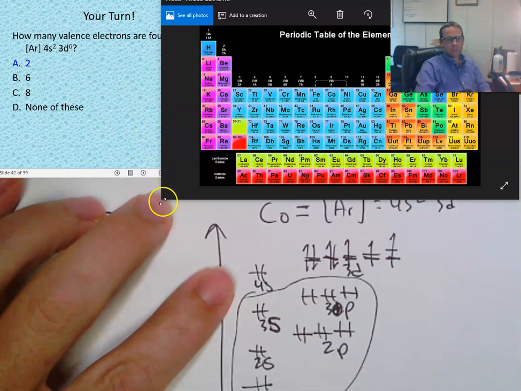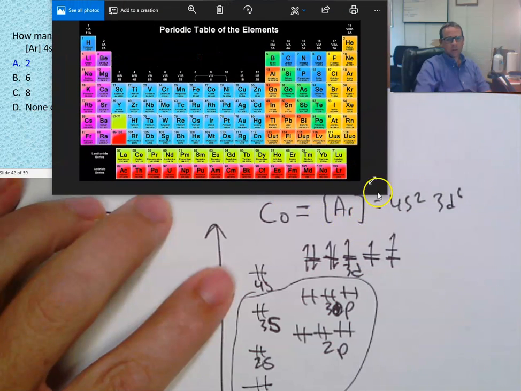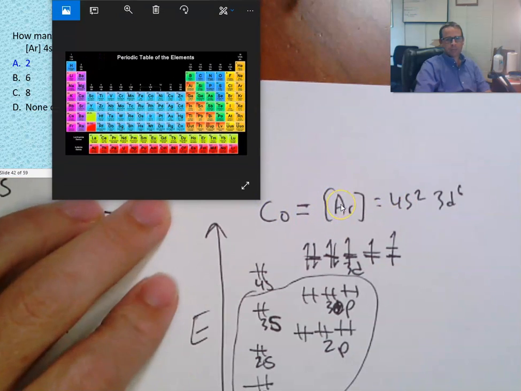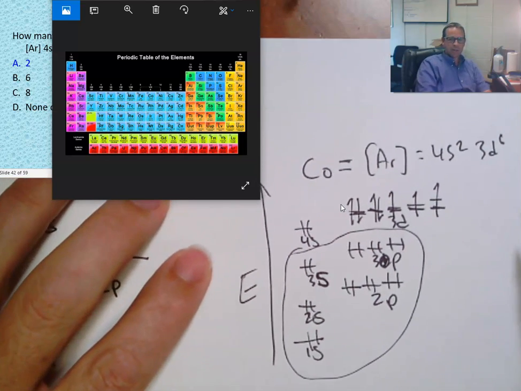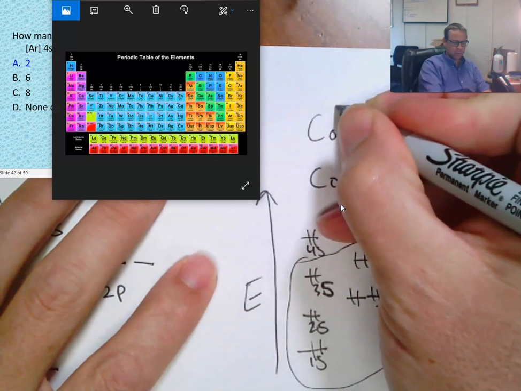Hopefully everybody's comfortable with that now in terms of how to write an electron configuration for an element, right? So let's think about the kind of ion that cobalt would like to form.